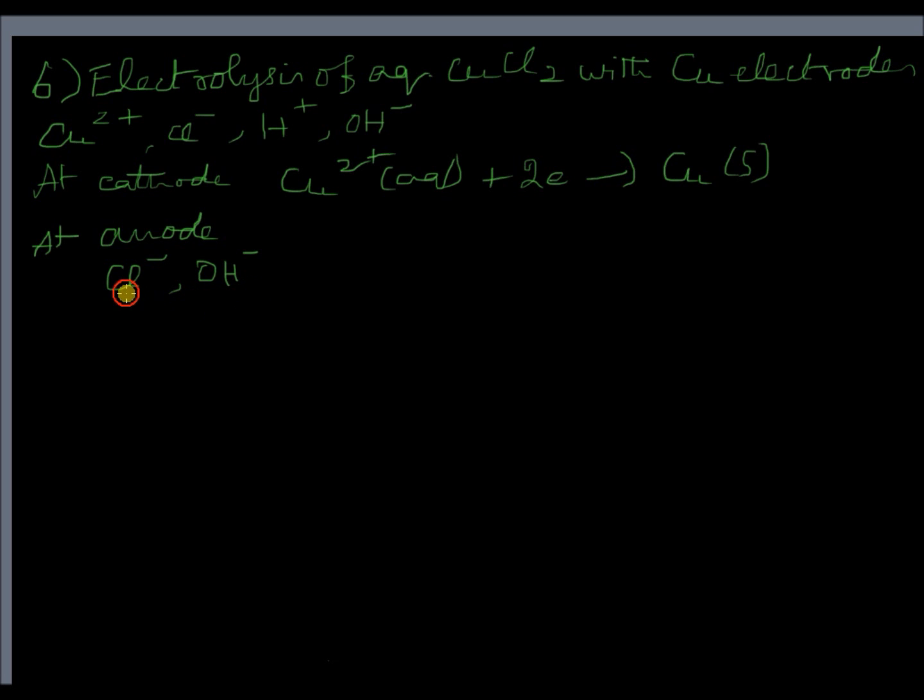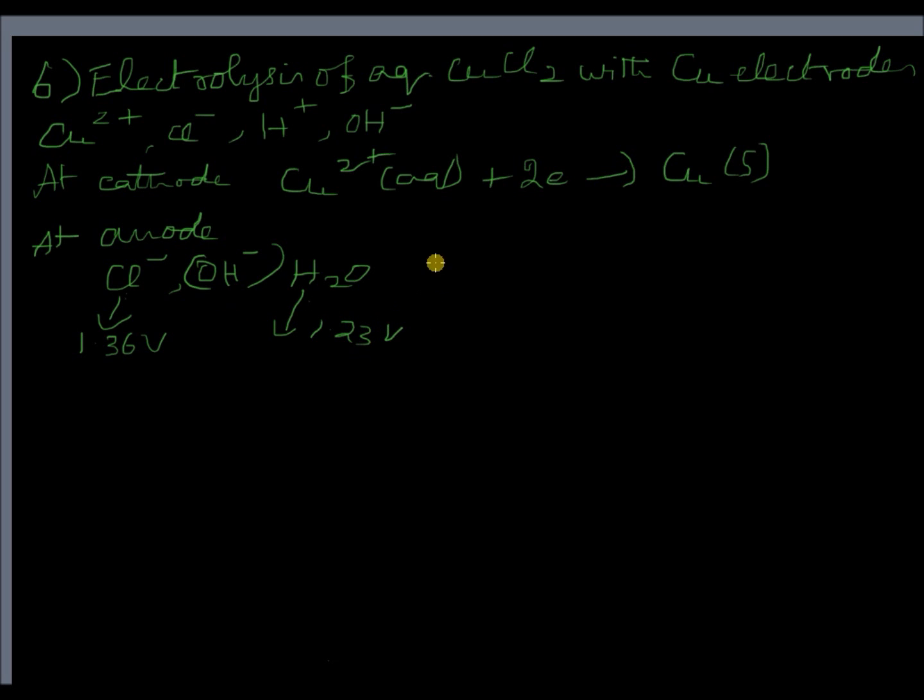Now when we have only chloride ion and the hydroxide ion, or I would take it as oxidation of water, we saw that water has lower electrode potential than chloride ion, but still chloride ion would get oxidized to form chlorine gas due to overvoltage. All that stands good, and you know the value for this is 1.36 volt and for this it is 1.23 volt.